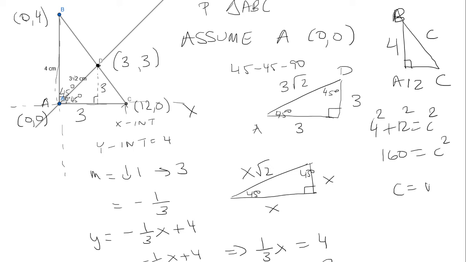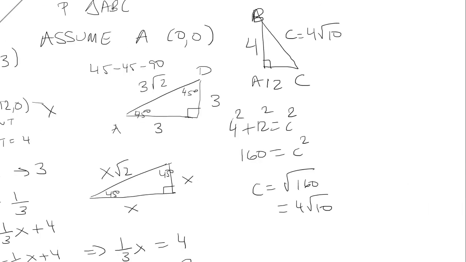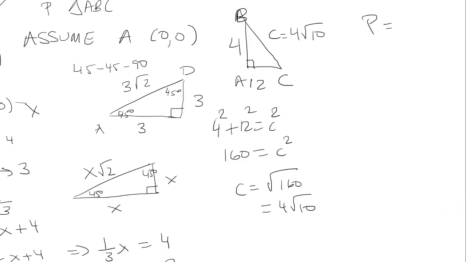So C is the square root of 160, which is 4 root 10. And now, in order to find the perimeter, we have to add up all sides. That's 4 plus 12 plus 4 root 10. And that's 16 plus 4 root 10 centimeters.